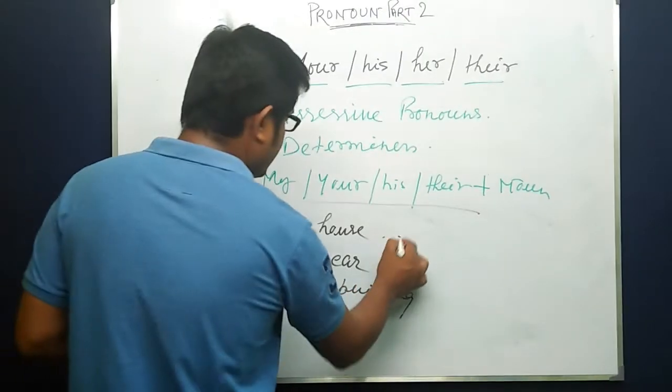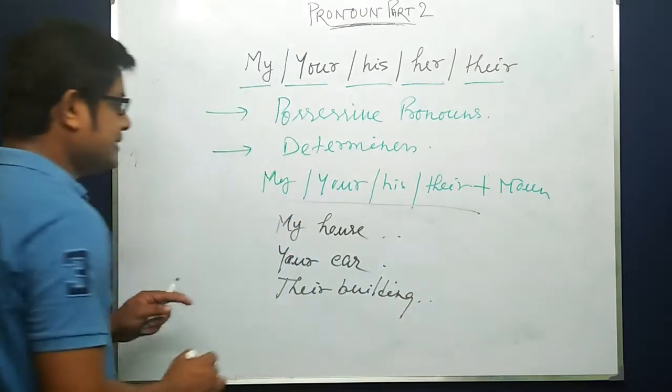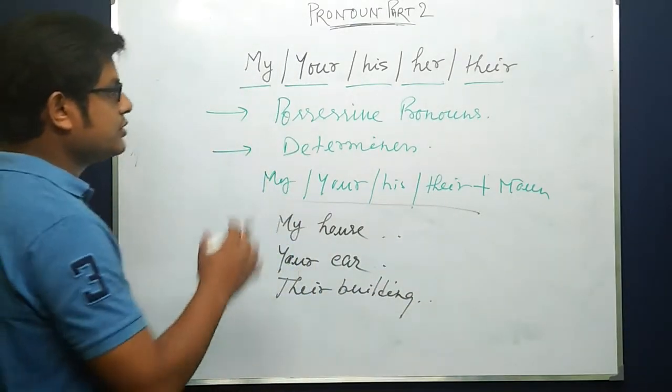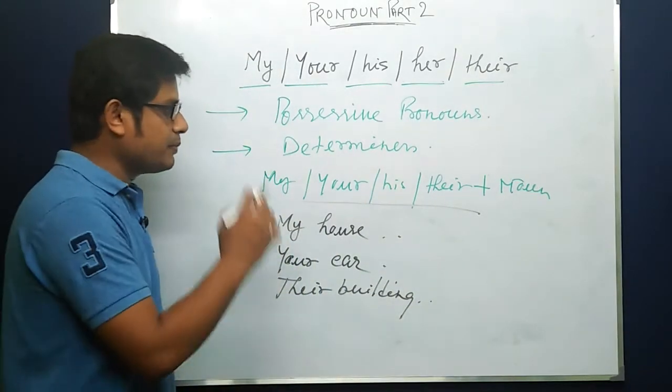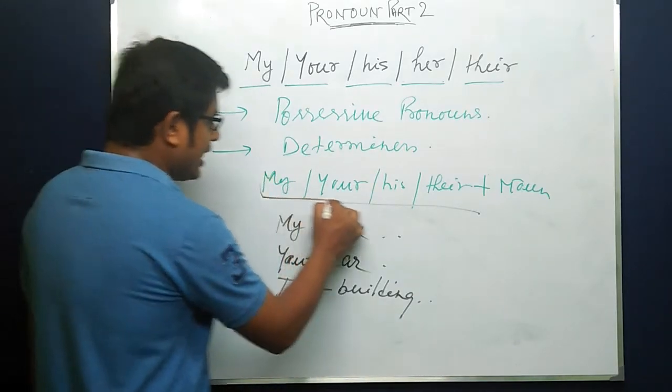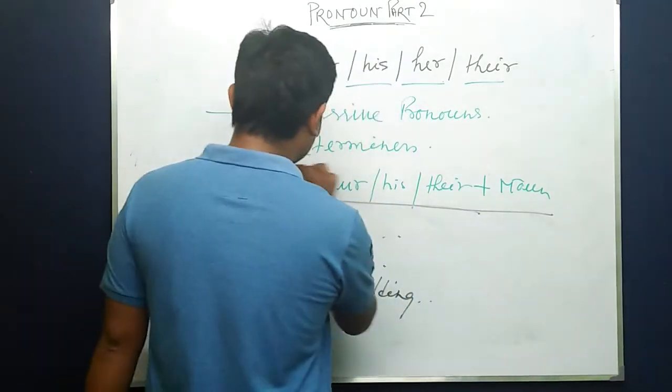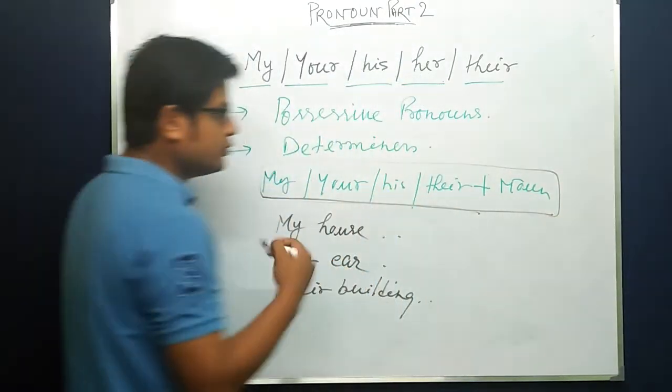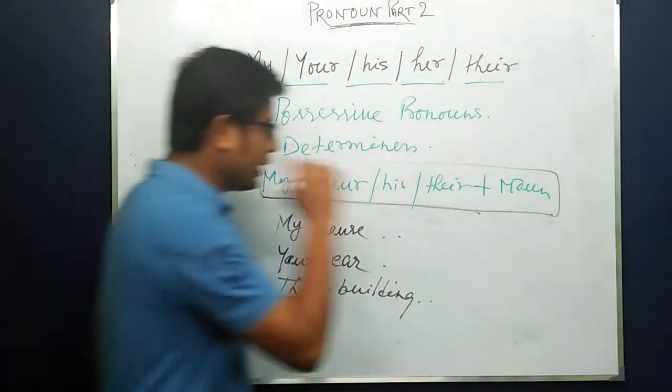Now as I said, whenever you use these pronouns, you have to use them at the beginning of any noun phrase. So you have to use a noun after this. These words are followed by a noun, right?